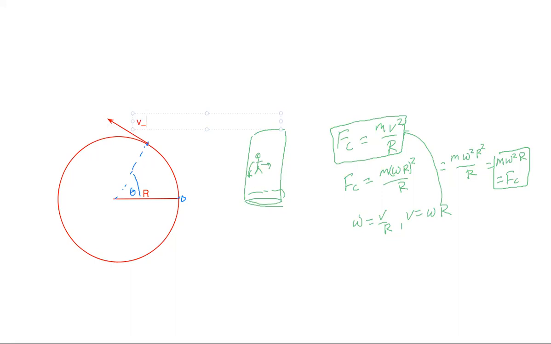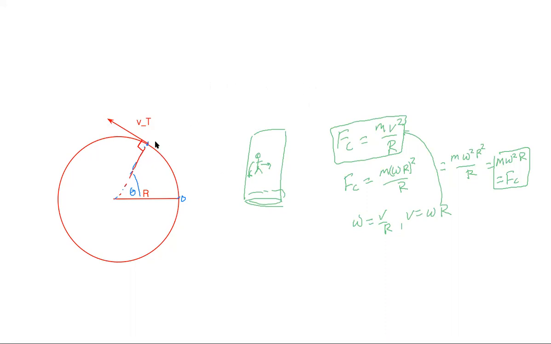My tangential, in fact, I'll label it capital T, my tangential velocity. Sometimes you might see that as V perpendicular, but tangential velocity is fine. And what that means is that there's actually a 90-degree angle between the radius that extends there and the velocity itself.